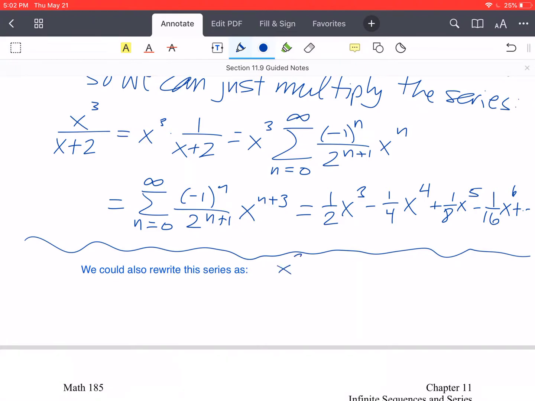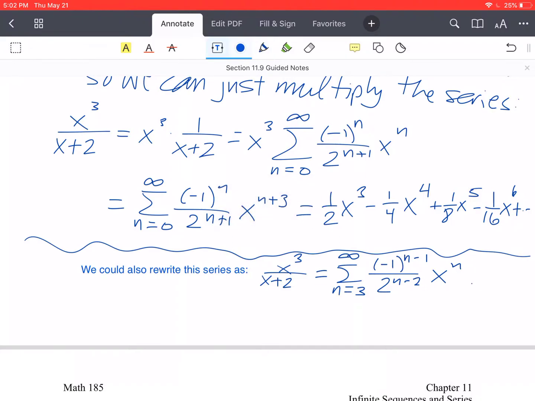So we can write this as x cubed over x plus 2. That would be the sum n going from 3 to infinity. If we start at 3, then that shifts all of our powers down, so this becomes n minus 1 over 2 to the n minus 2 times x to the n. Okay, so we could write it that way.